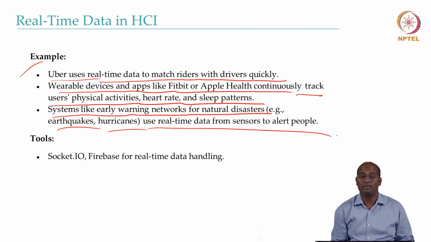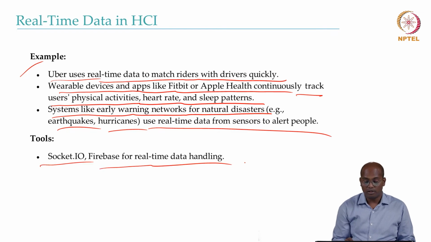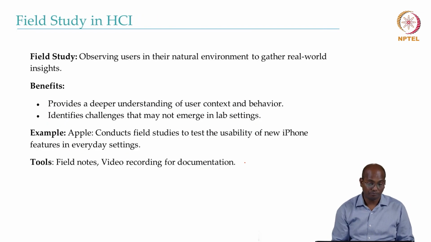We are fortunate that advancements in technology now let us find out in advance, evacuate people, and take them to safer places. There are many tools like Socket.IO and Firebase for real-time data handling.